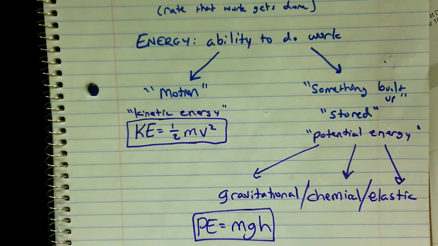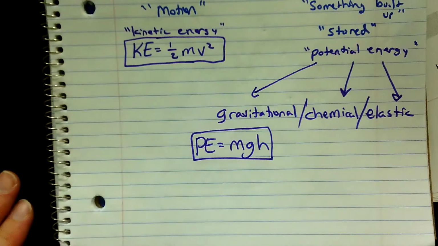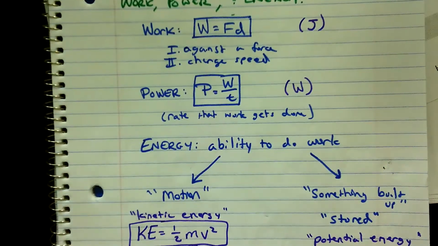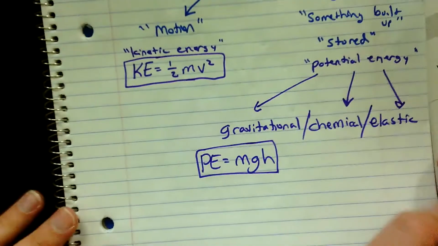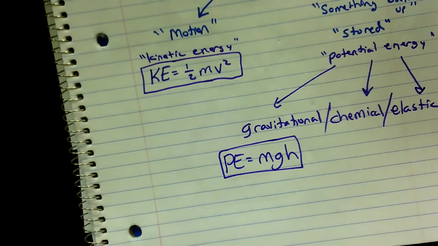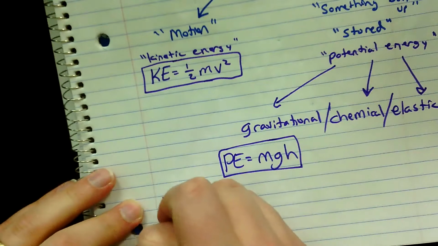I want to give you one more equation that we're going to use, and then we're going to try some practice with this. We've now defined work, power, and energy, but we've got to connect them together. So we're going to talk about something called the work energy theorem.